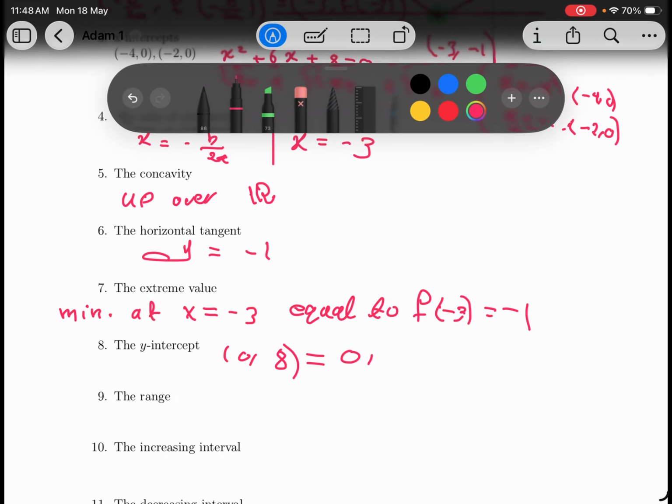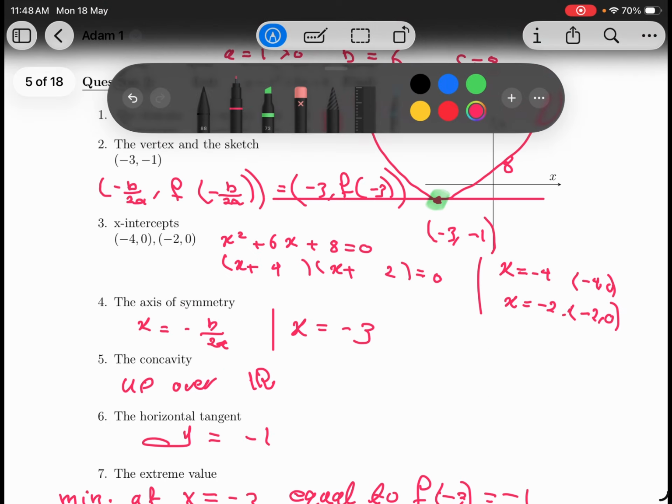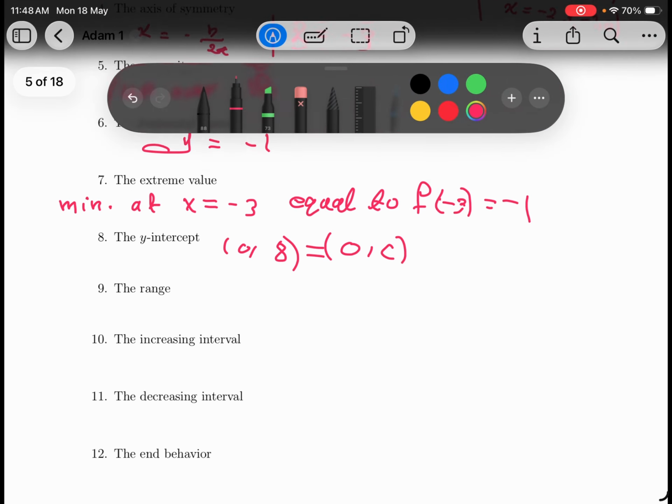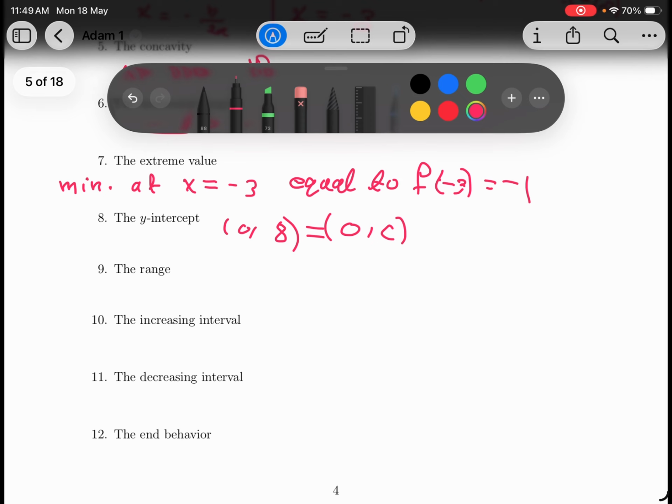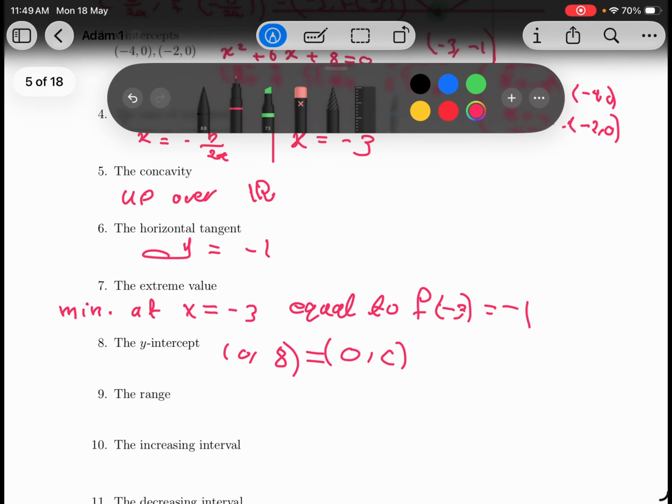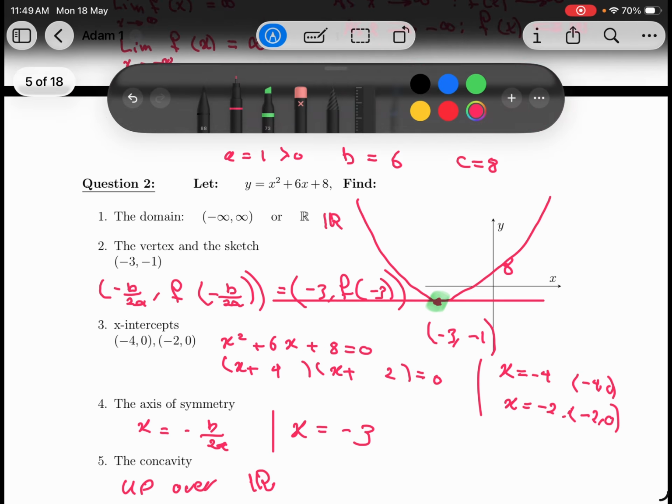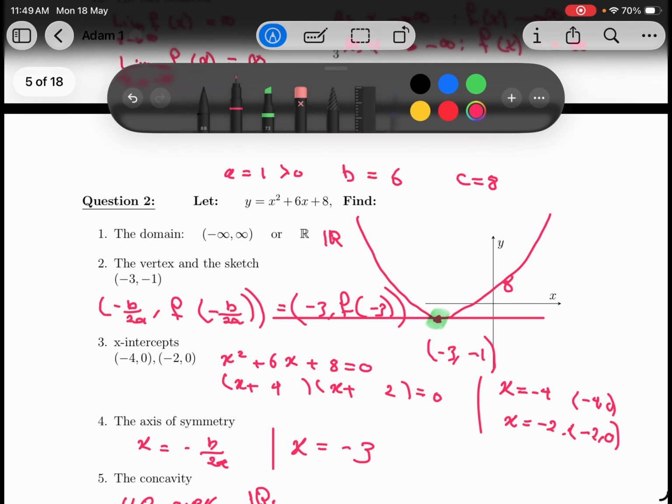It's (0, c). What is c here? c here is 8. Okay. The range: the range starts at the vertex and goes to infinity because it's concave up. So the vertex is here, the y coordinate of the vertex, and it's going to infinity.